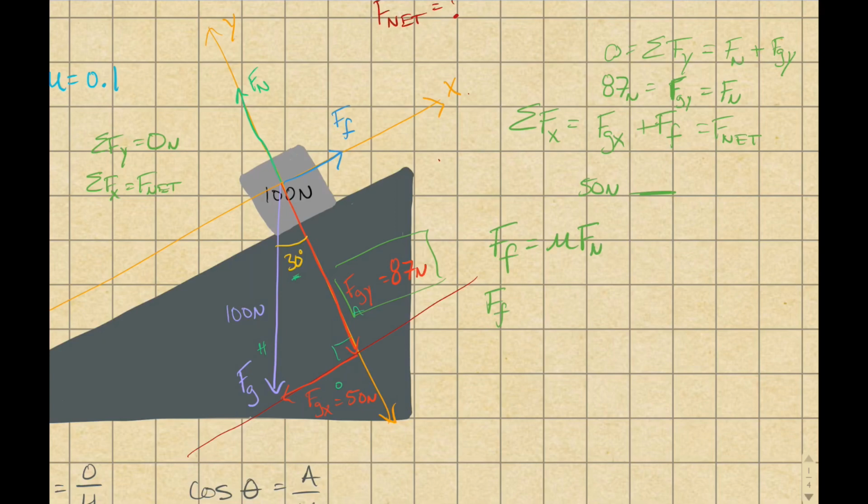The force of friction is going to be equal to that 0.1 that we said it was before. The 0.1 is my mu times my normal force, which we said is 87 newtons. So pretty easy math right there. The force of friction is going to be equal to just 8.7.